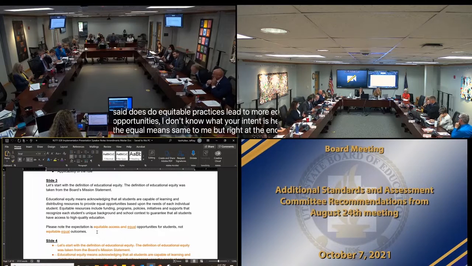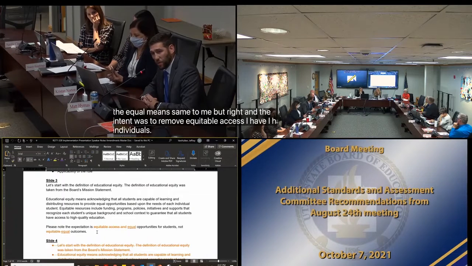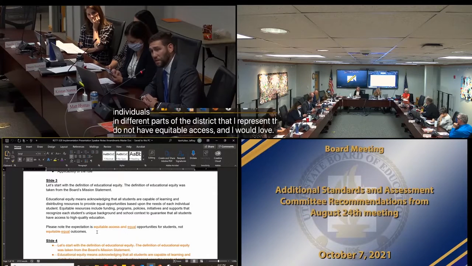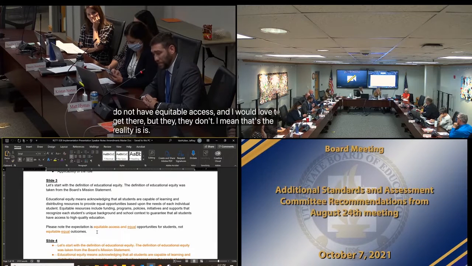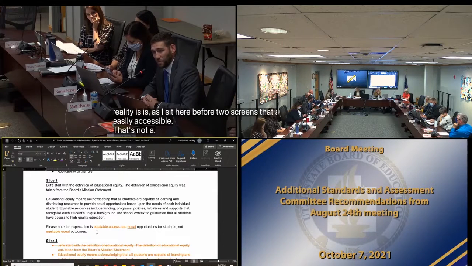The intent was to remove equitable access. I have individuals in different parts of the district that I represent that do not have equitable access. And I would love to get there, but they don't. The reality is, as I sit here before two screens that are easily accessible, that's not a possibility for some.